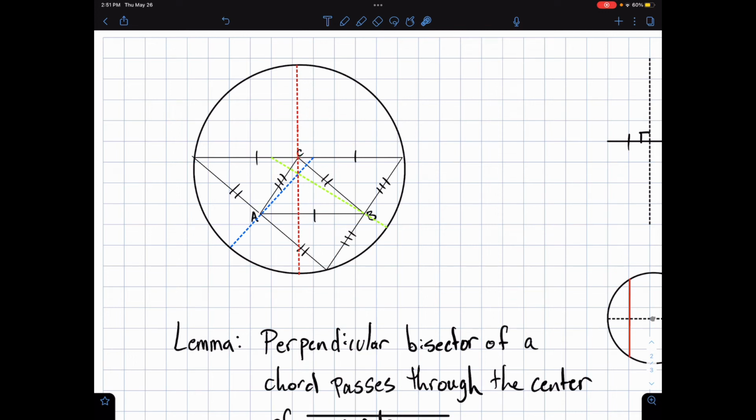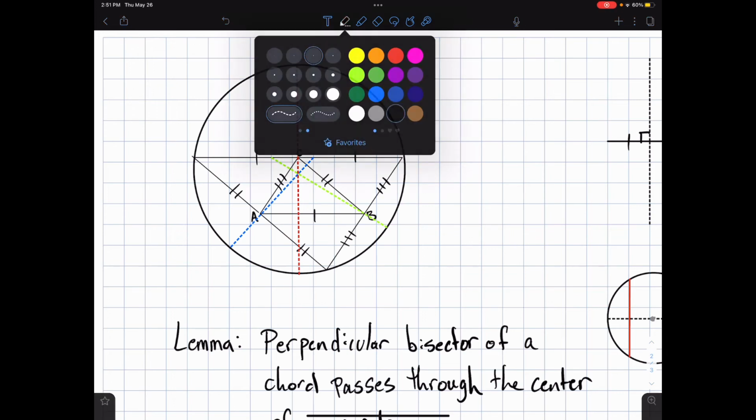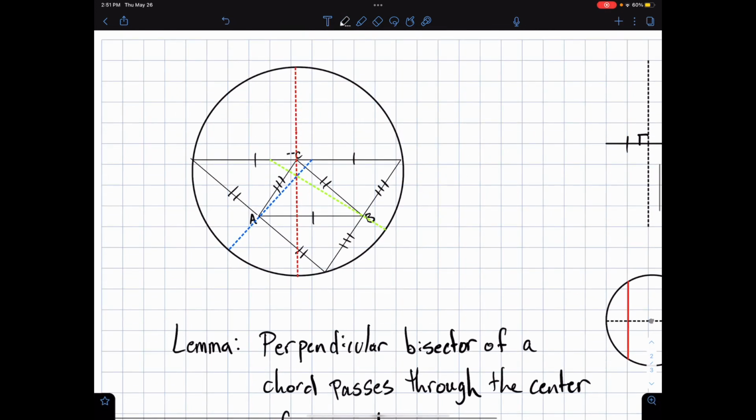Moreover, because this side of the larger triangle is parallel to this side of the smaller triangle, and because this right here is a right angle, we know that this is also a right angle. So this red line is perpendicular to the smaller side of the triangle. The same is true for the blue line and the green line. And we see that all three of these intersect at a single point.